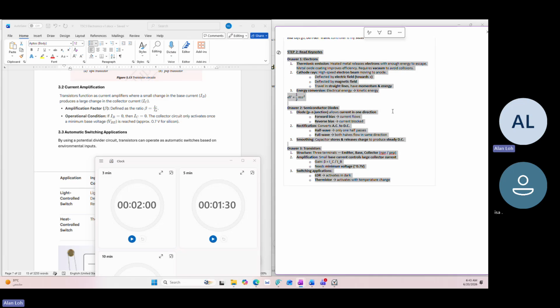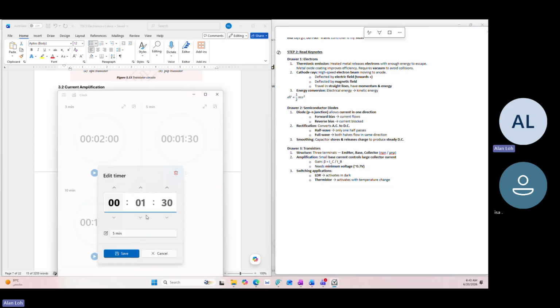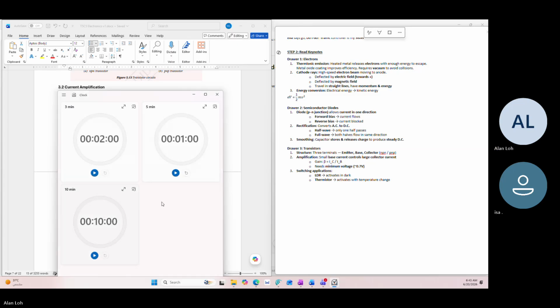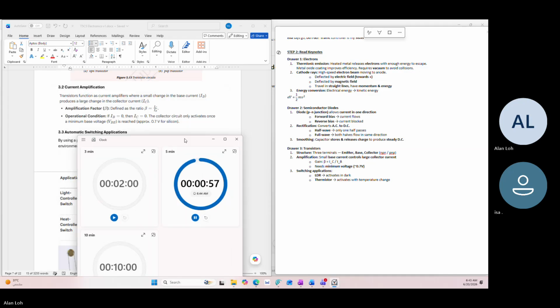Let's read step 2 again, and I hope that you feel you understand it more now compared to maybe 20 minutes ago when you started reading this. Let's start now. Twenty seconds.